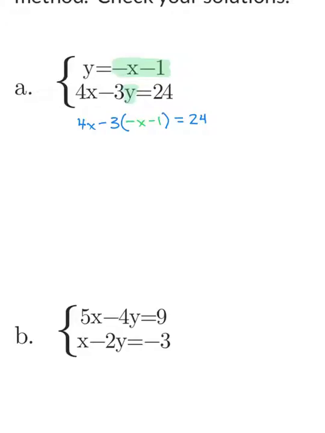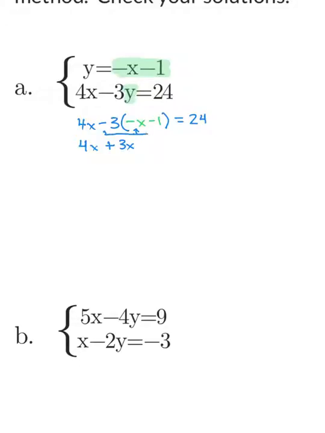From here on out, this is similar to when we were working with equations in Chapter 2. So what we want to do from here is go ahead and solve for x. We're going to distribute the negative 3. So we get 4x. We get negative 3 times negative x is plus 3x.